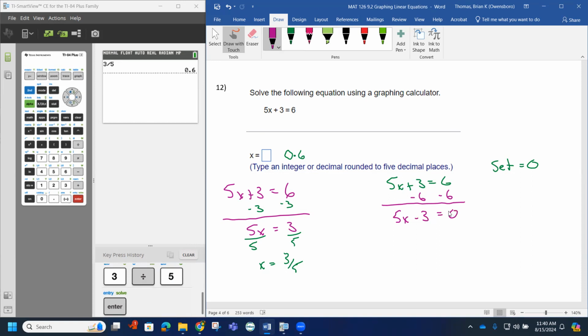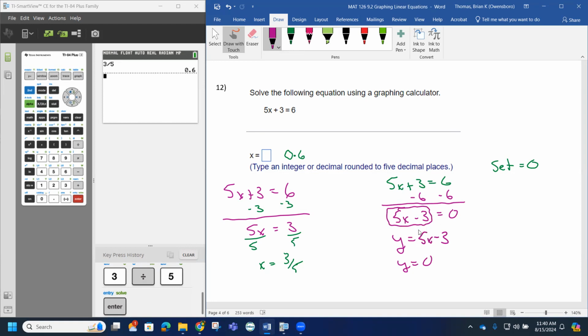And what I can do is graph y equals 5x minus 3. And you can also graph y equals 0. So you can actually graph this equation.